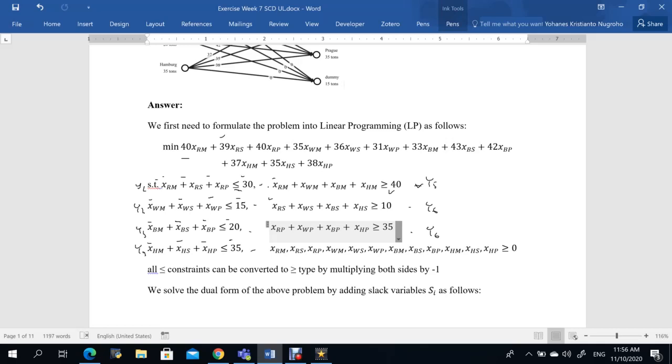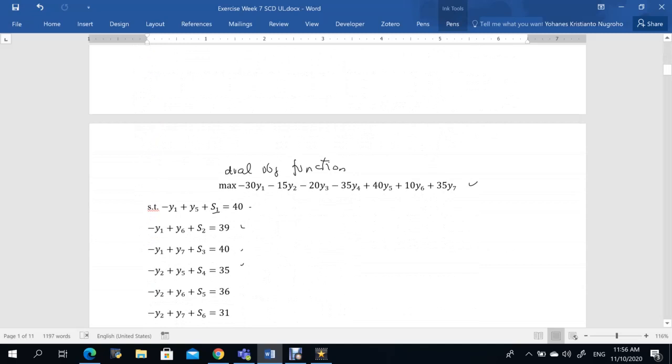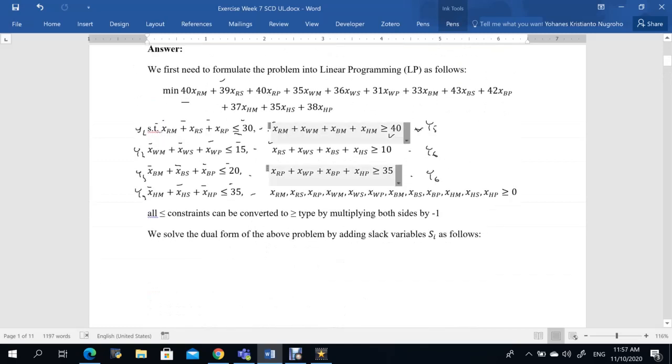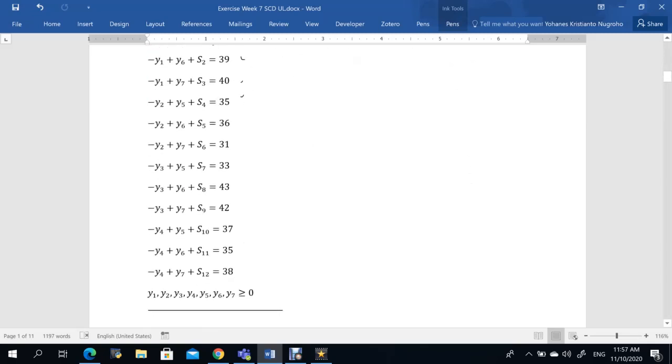For instance, if we visit our first constraint, minus y1 plus y5, it should be higher or equal to 40. But in this case, we have to convert into an equality constraint equal to 40, and therefore additional slack variable number 1 must be added into the equation. And that also applies for other constraints starting from constraint number 1 until constraint number 12 in this case, right? And all dual variables should be positive or equal to 0.